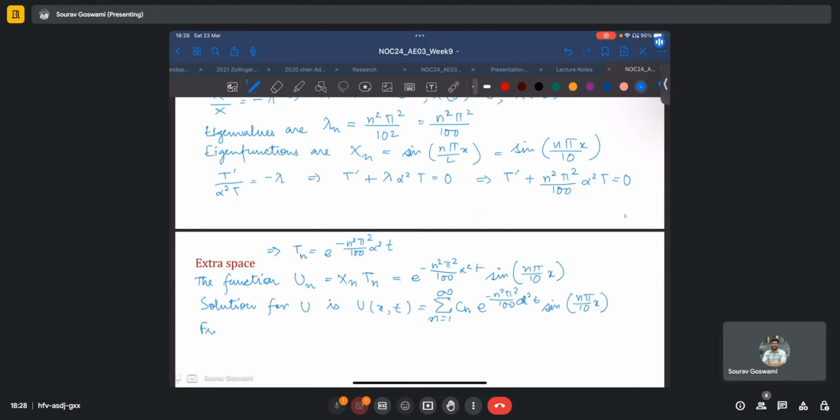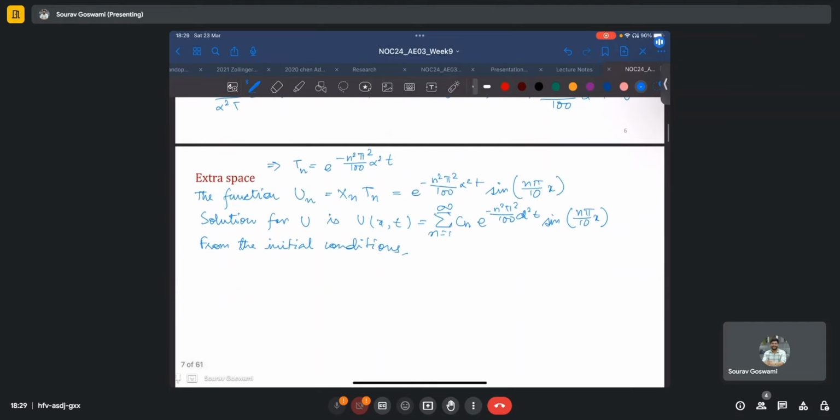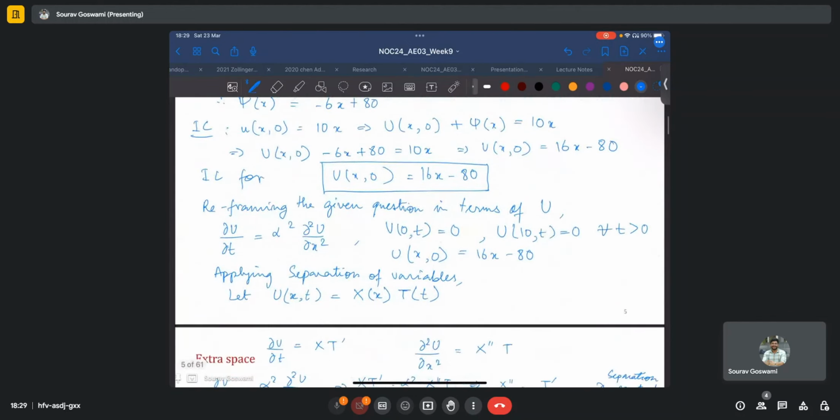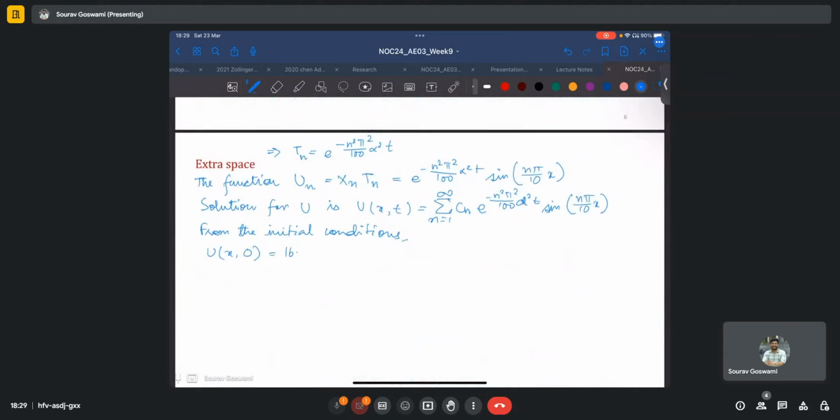Again, from the initial conditions, we may evaluate the value of cn. u at x comma 0 is 16x minus 80, which is equal to the sum from n equals 1 to infinity of cn times e power 0, which is simply 1, times sine n pi by 10 x.